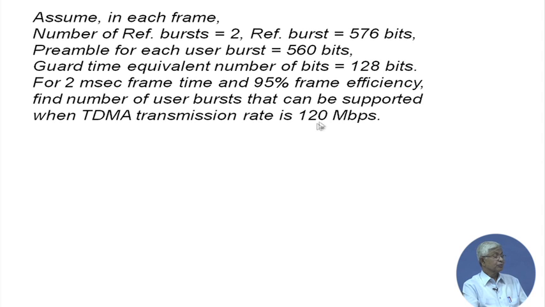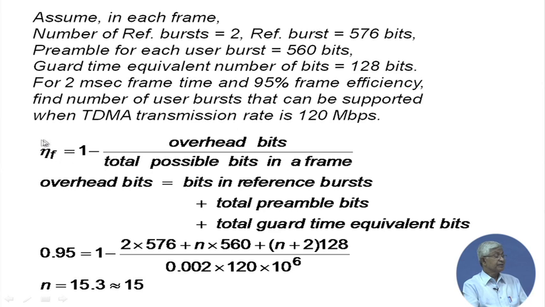So the total number of bits can be calculated because the frame time is given and the bit rate is given. Efficiency is, as we have seen in this expression, 1 minus overhead bits by total possible bits in a frame, and overhead bits are the bits in the reference bursts, the total number of preamble bits and the total guard time equivalent bits.